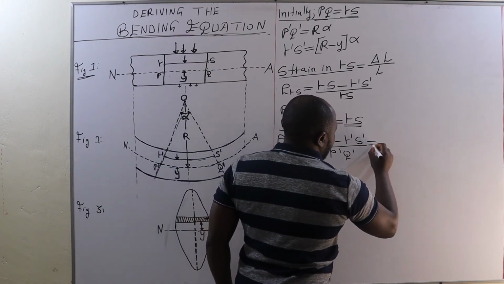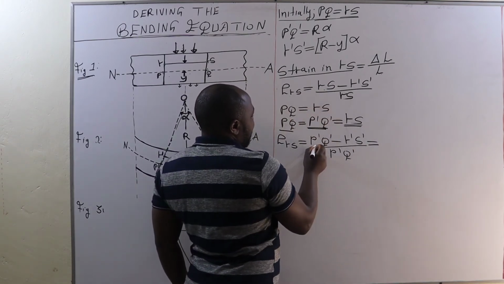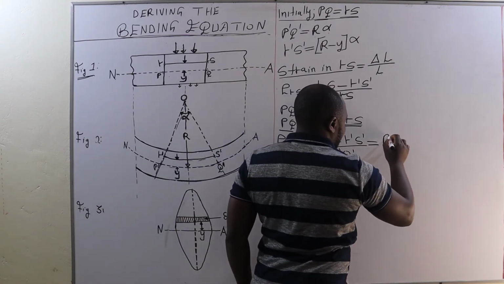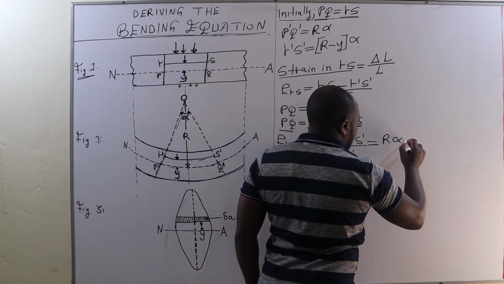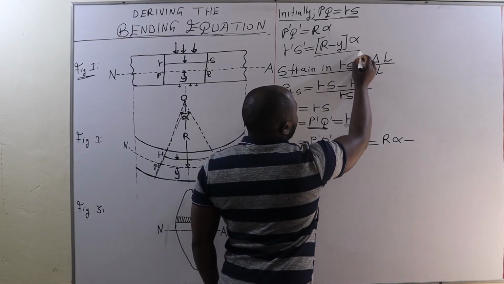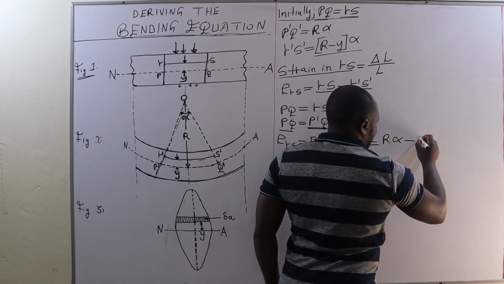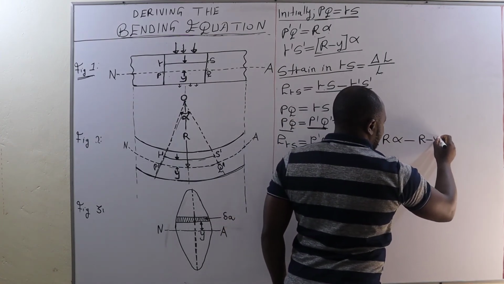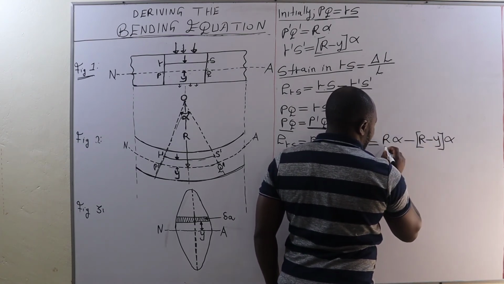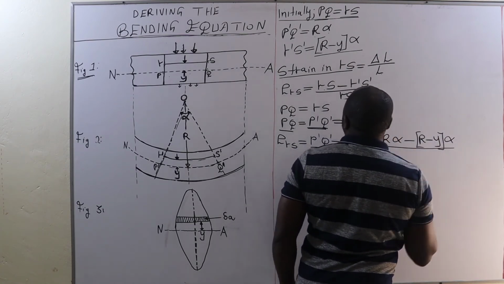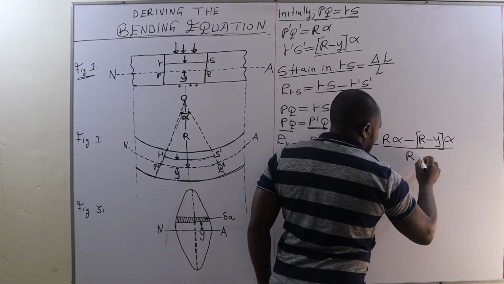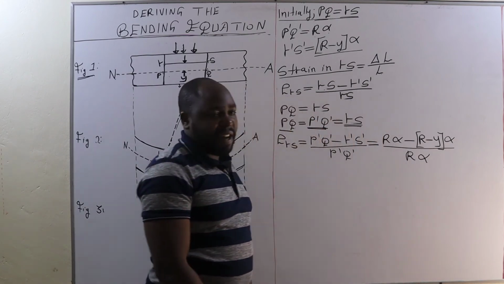Now, P prime Q prime is R times alpha, therefore we have R times alpha minus R prime S prime, which is the radius minus y in brackets multiplied by alpha, all over P prime Q prime, which is R times alpha.